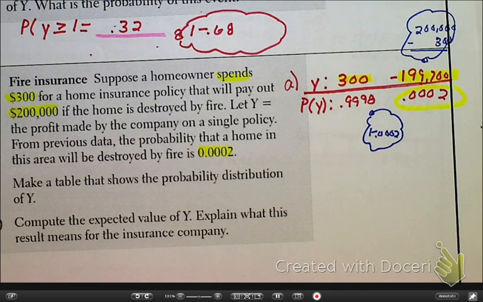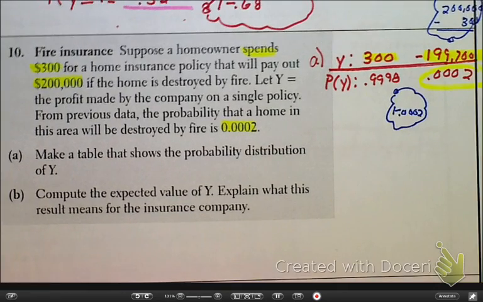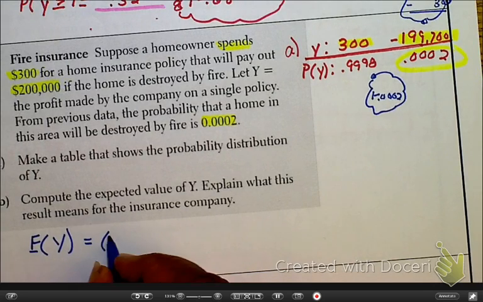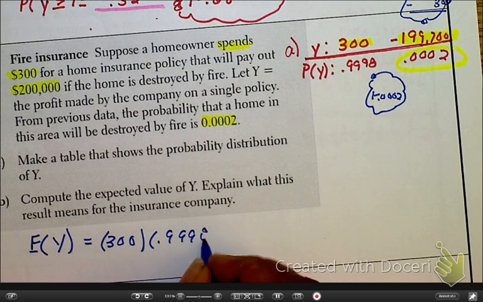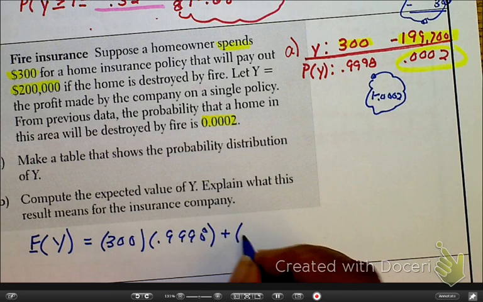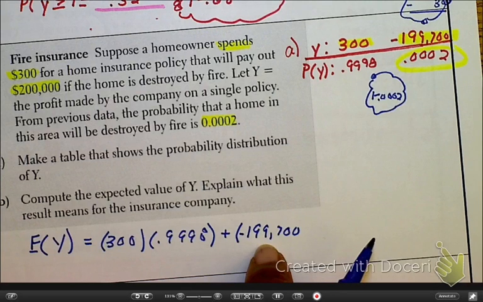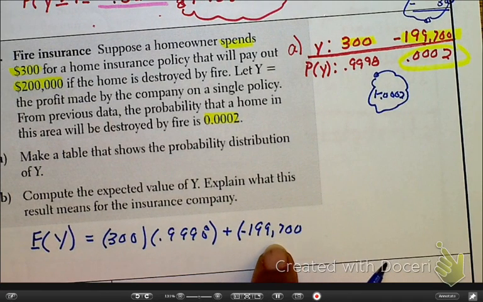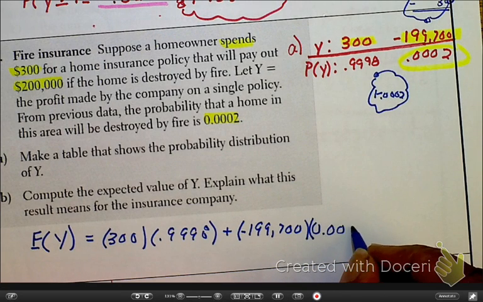Now, as I look at my expected value, the formula that I gave before, let's use it. So here, the expected value of Y is going to equal 300 times the probability of you getting the 300, plus a negative $199,700 times the 0.0002.